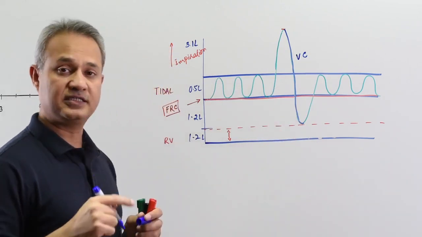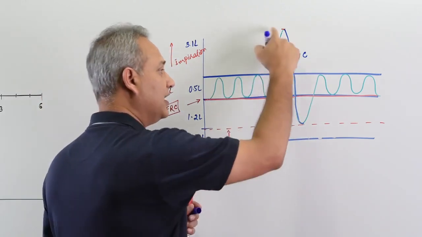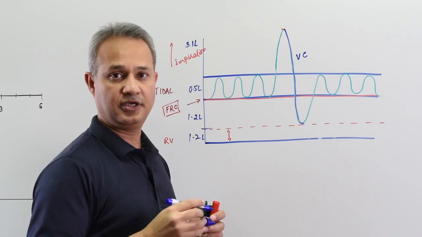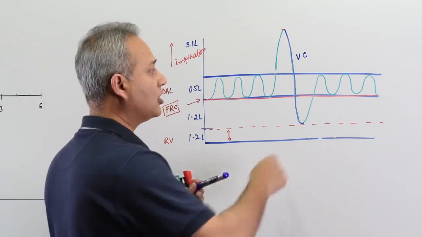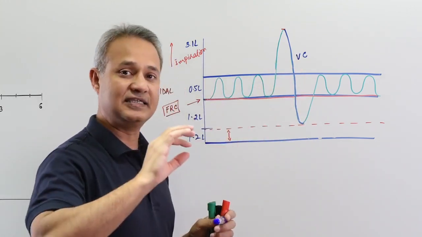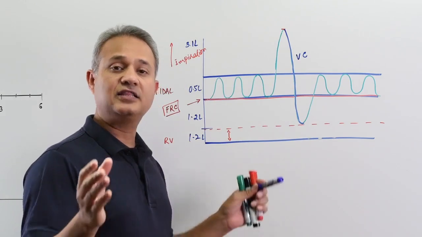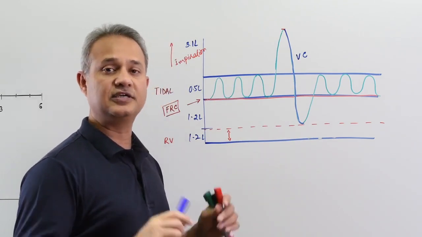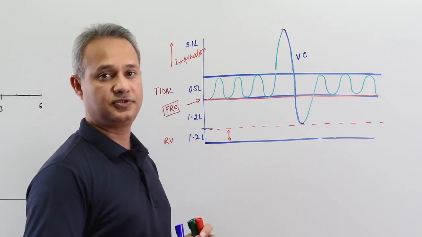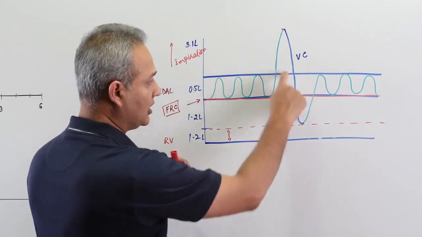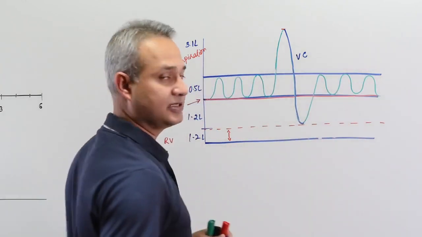In today's discussion, this vital capacity is what is really important. We will be talking about this vital capacity all along the lecture and the changes to it in various lung pathologies. So we are talking about this, forget about everything else.